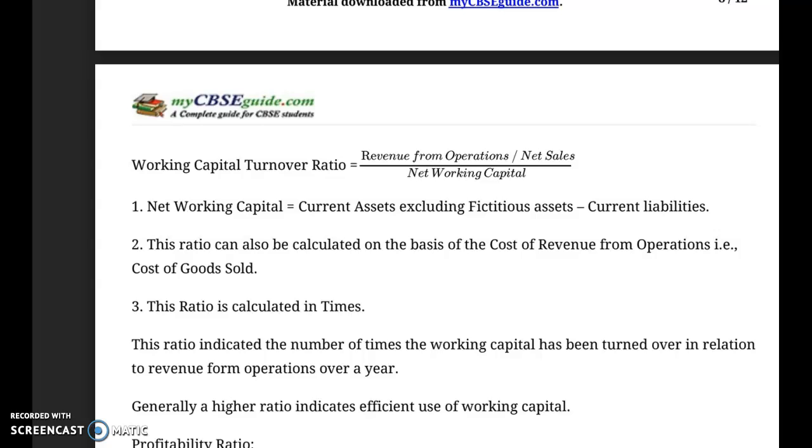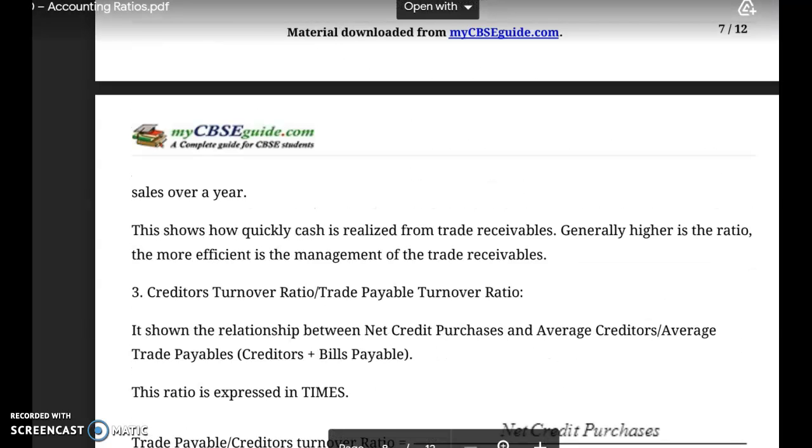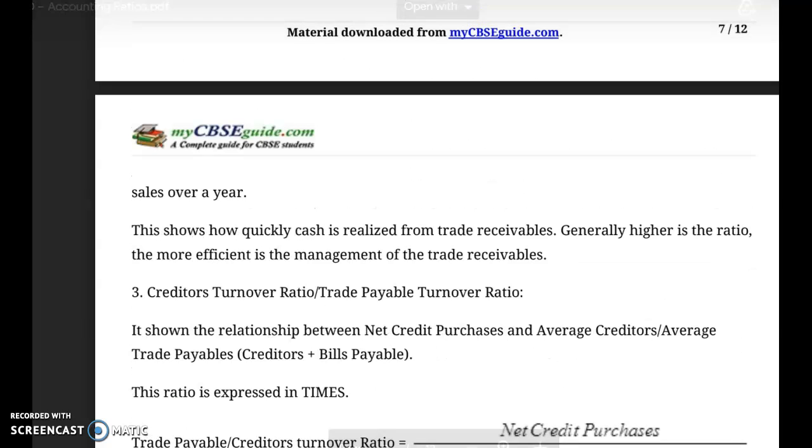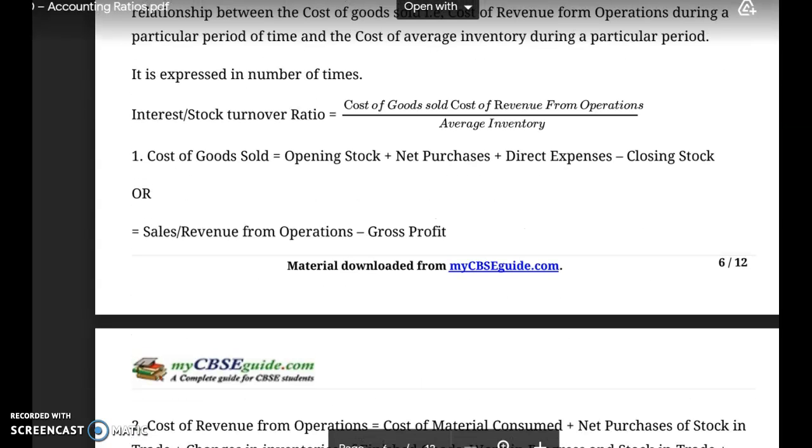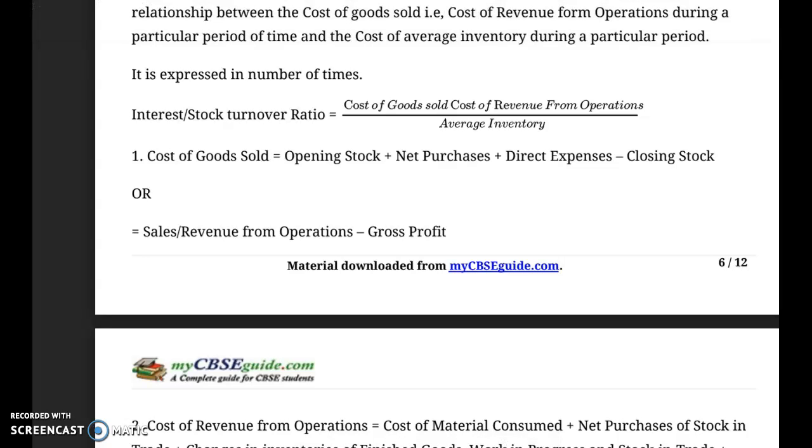We all know that from the total revenue, we have to deduct the very important figure, that is the sales. As I told you in the calculation of the very first ratio, sales or revenue from operations minus gross profit, or opening stock plus net purchases plus direct expenses minus closing stock, will give you the cost of goods sold or cost of revenue from operations.